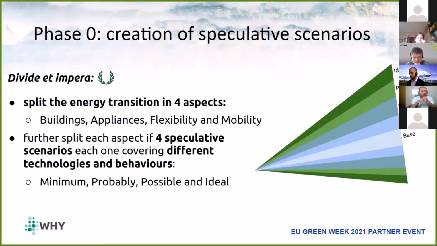Then we have the probable, which is what we can call the worst-case scenario, I mean, the failure scenario, where we reach the targets but with a minimum effort and minimum change of society, and obviously the minimum impact. It's just that we go to the threshold and that's it.